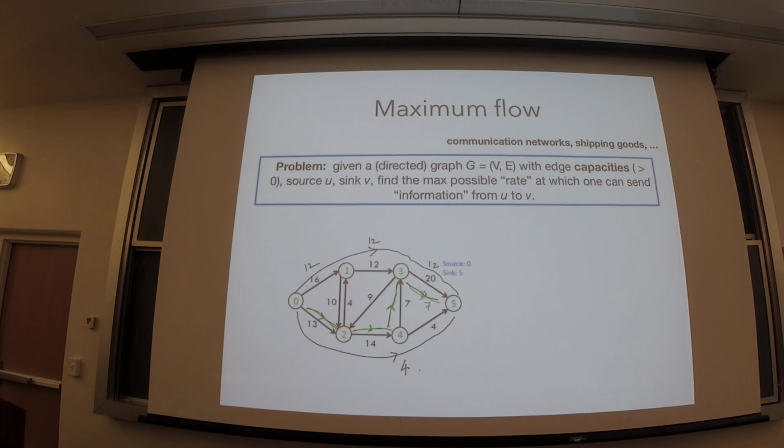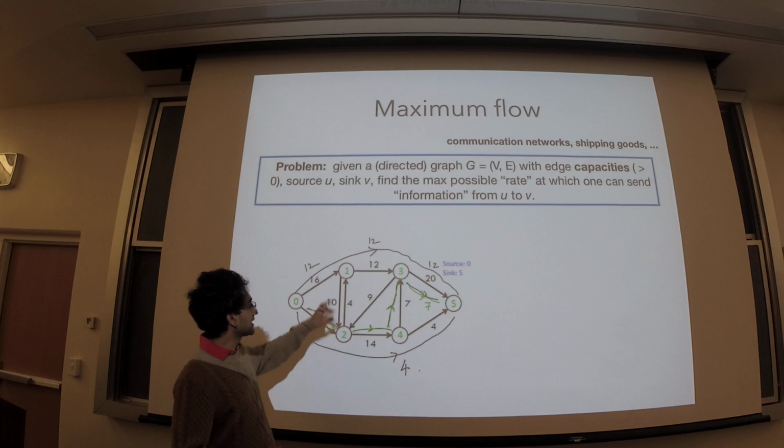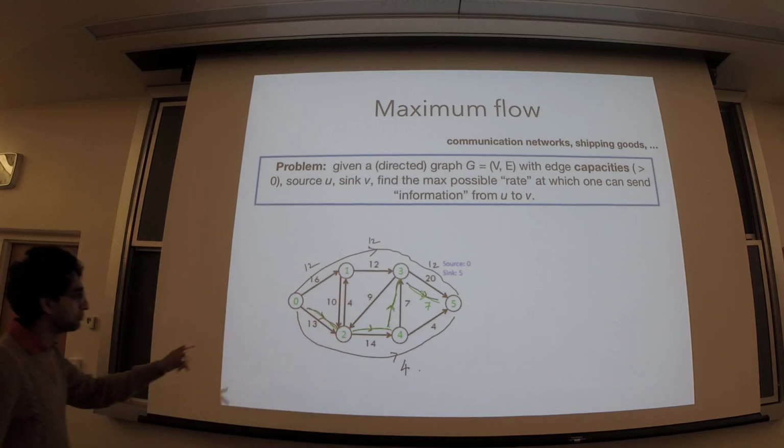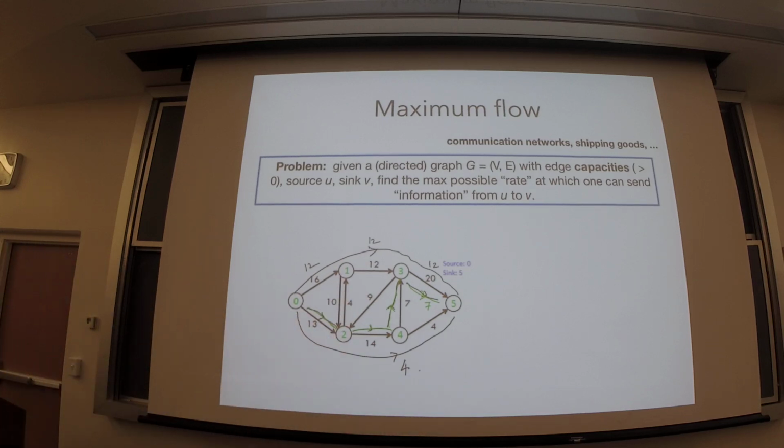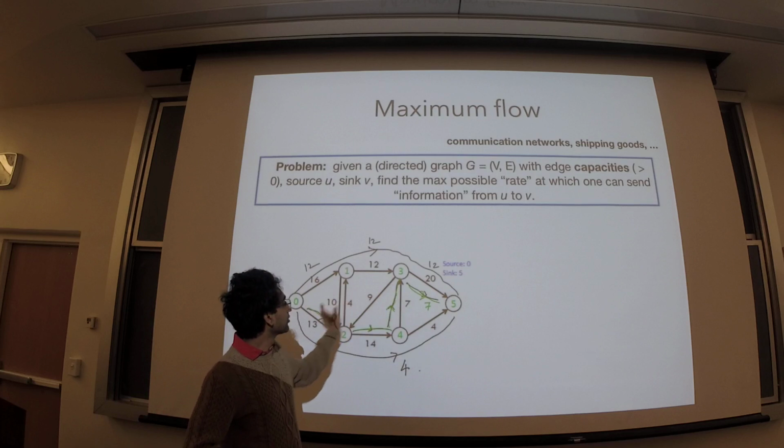Here I was at 7. Alright? And in this case, I don't think there is any more flow you can send from U to B. Okay, so we can reach the optimal flow.